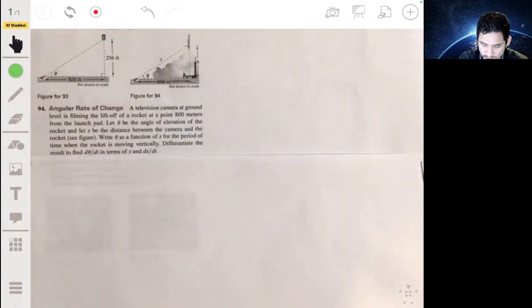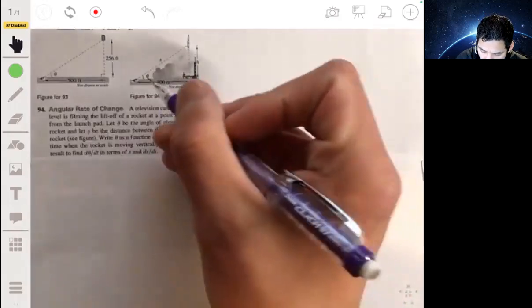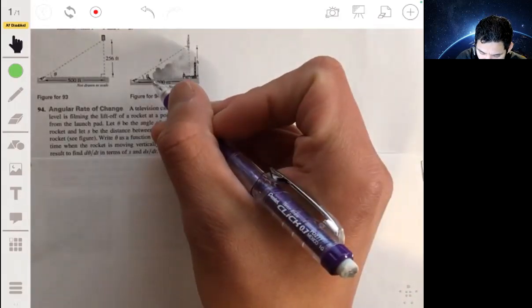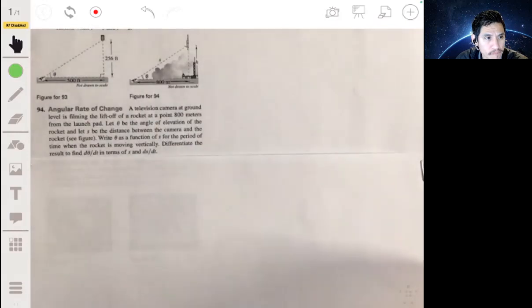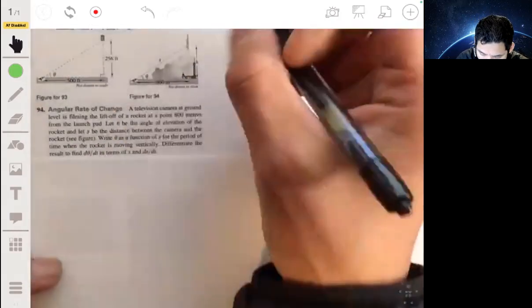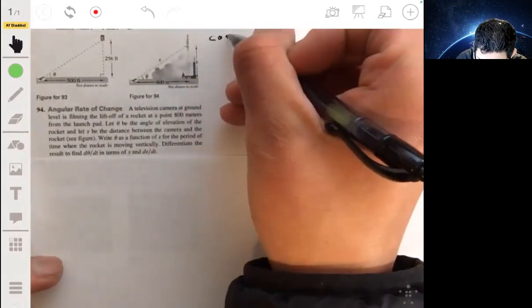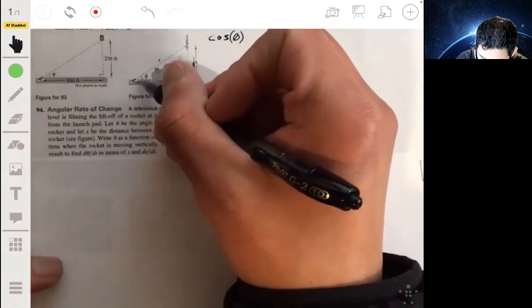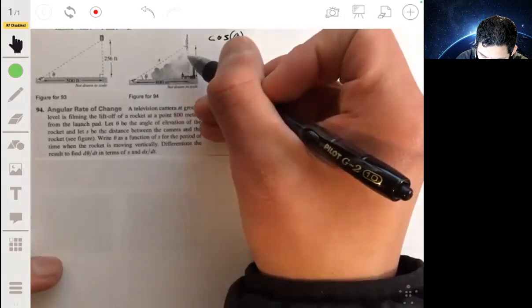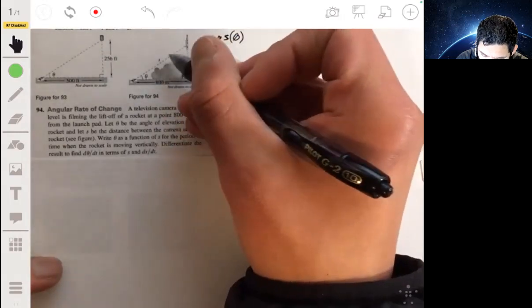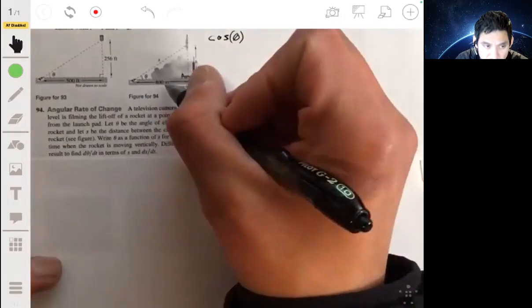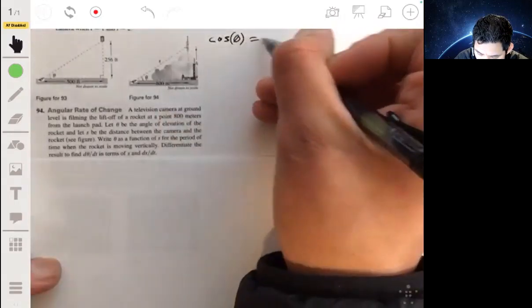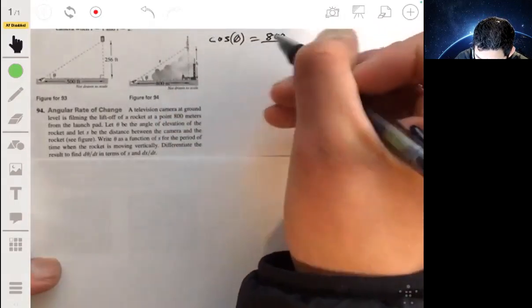So let's start off by using the cosine of theta. Remember, cosine of an angle is the ratio of the adjacent over the hypotenuse. So the adjacent is 800. The hypotenuse is going to be s.